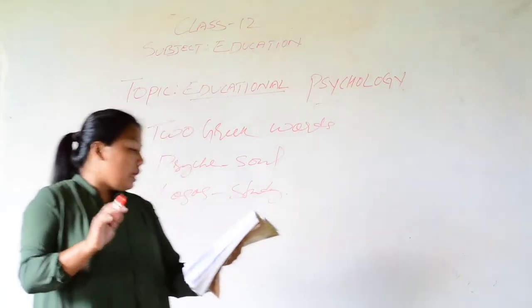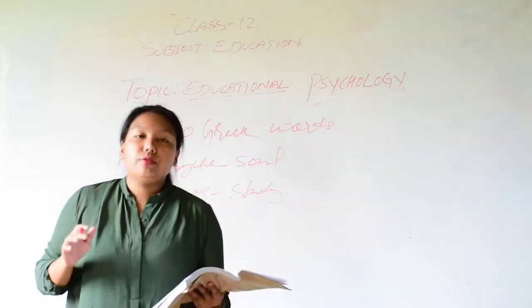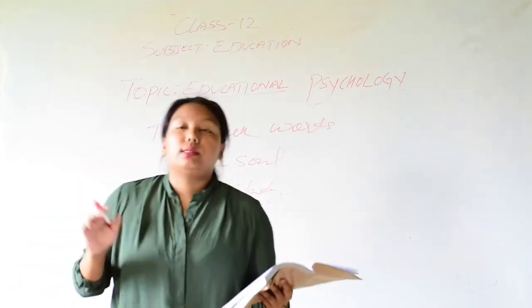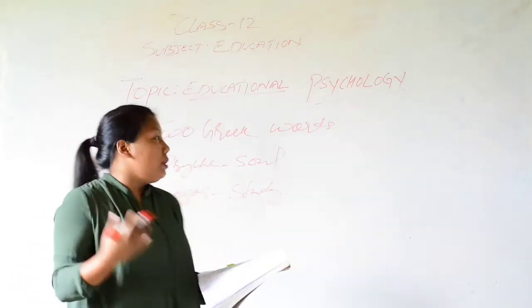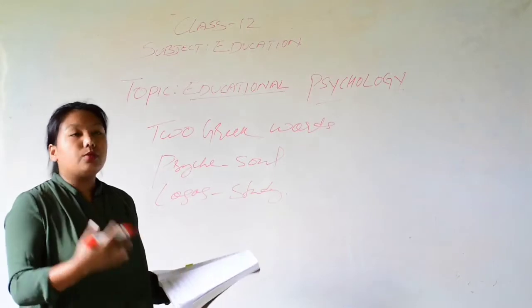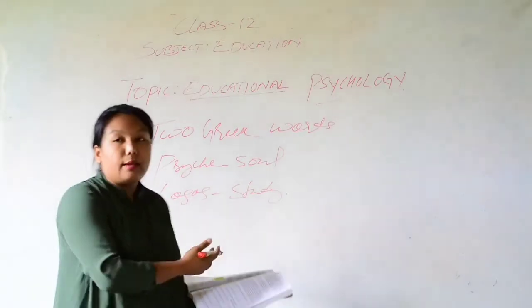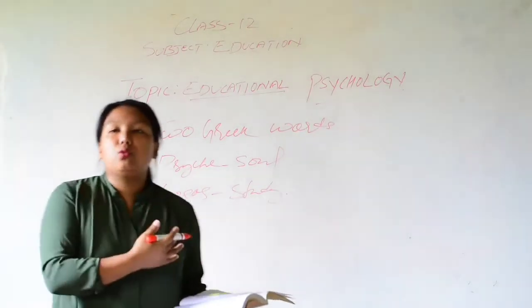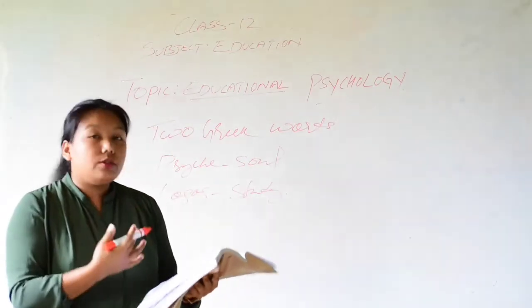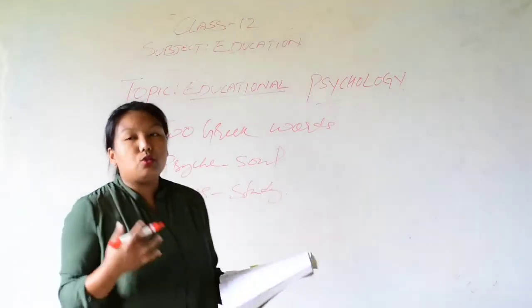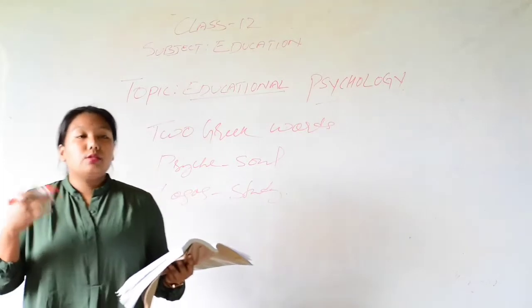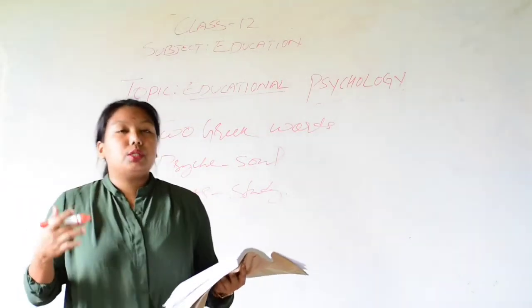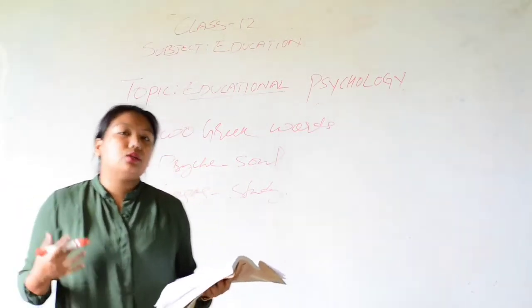The definition given by the ancient philosophers is that psychology is the study of soul. This definition was, of course, useful during ancient times, but it was rejected by some of the ancient philosophers because it fails to give clear answers to questions like what is soul and how to study the soul.